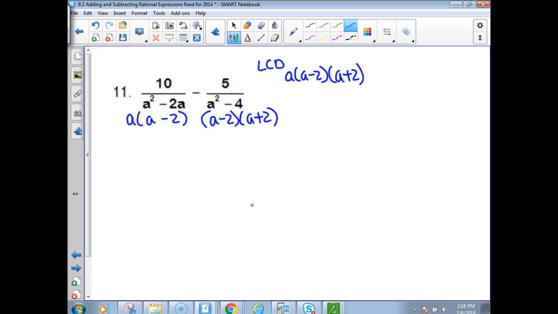There's my LCD. The first fraction's denominator does not have the a plus 2, so I'm going to be multiplying a plus 2 times the top and bottom of that fraction. And the second one doesn't have an a, so I'll be multiplying times a, top and bottom on the second fraction.